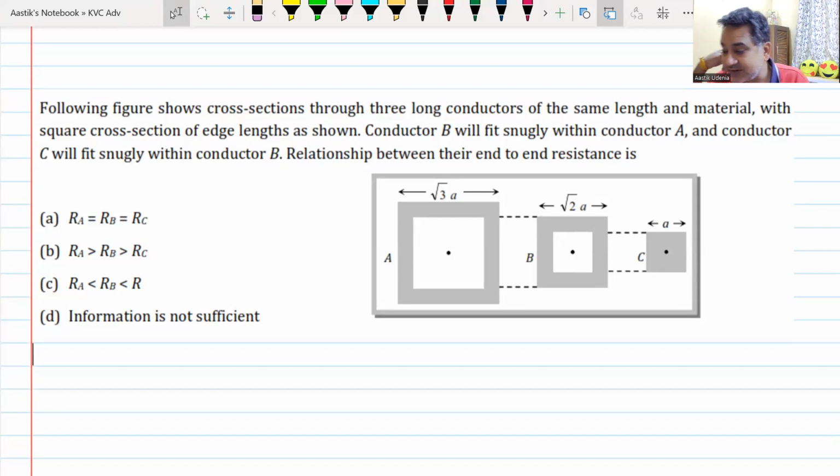So the areas of cross-sections are given. Conductor B will fit snugly within conductor A and conductor C will fit snugly within conductor B. What is the relation between the end-to-end resistances?